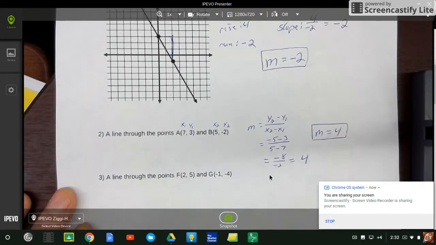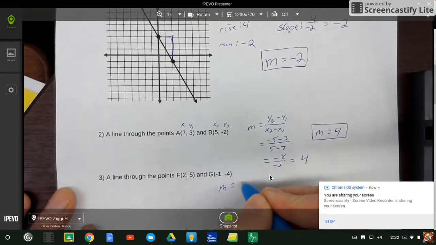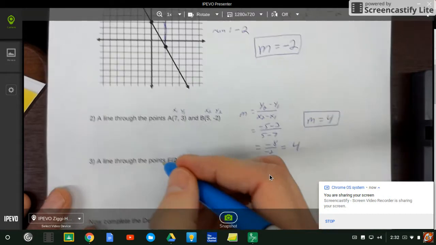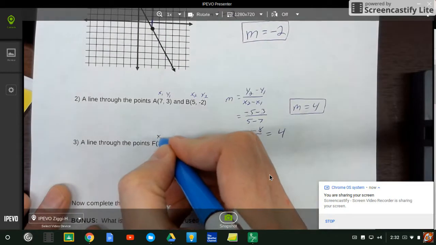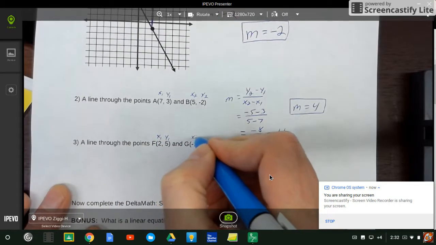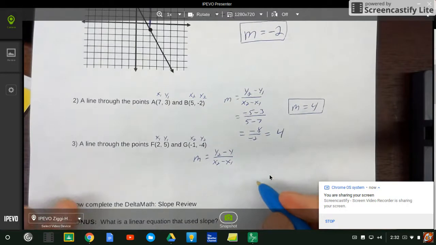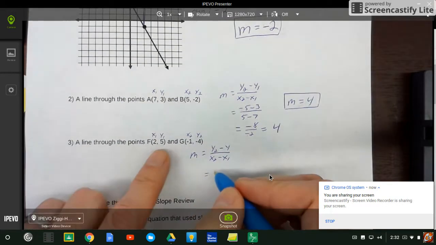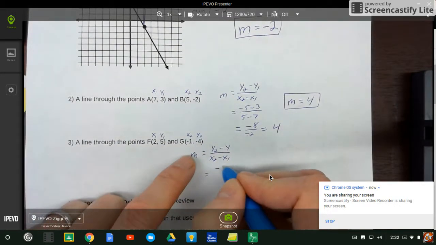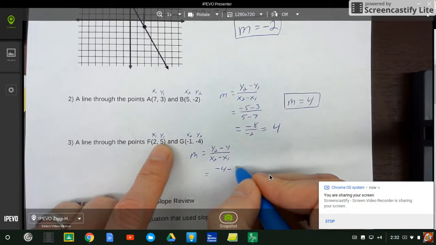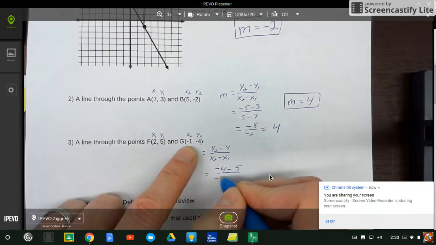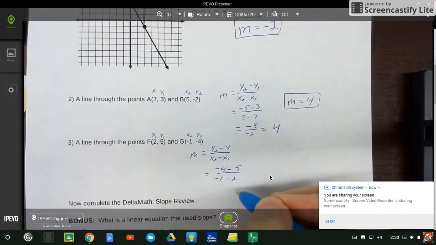Okay. This one, let's do the same thing. Slope equals y2 minus y1 over x2 minus x1. Maybe I'll label my points again. So x1, y1, x2, y2. When I put in my points, my y2 is negative 4, my x2 is 5, y1 is negative 1, x1 is 2.